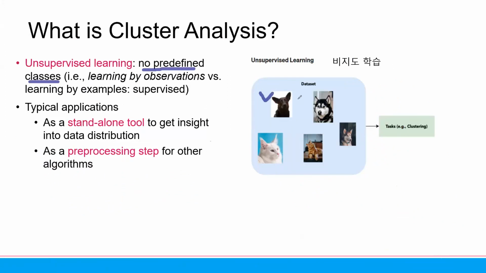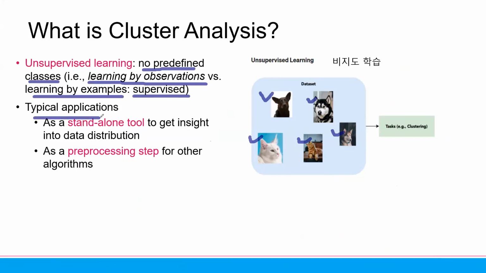If I have these figures, I have no label, there is no information on what this image is. So I'm just using clustering to check whether they are in the same group or not, because this is learning by observations. And with supervised learning, we call this learning by examples.